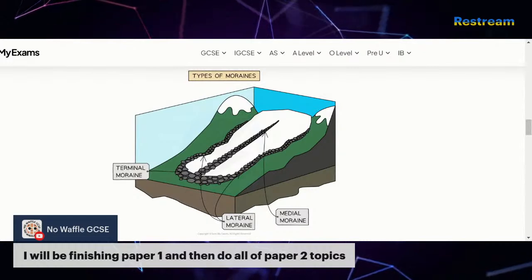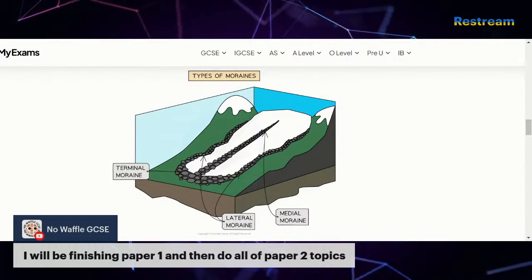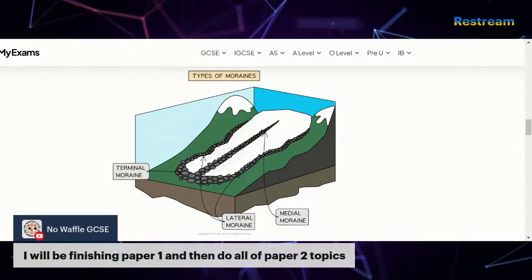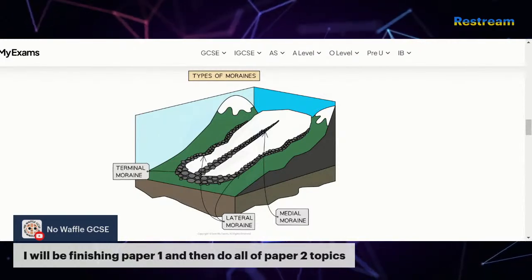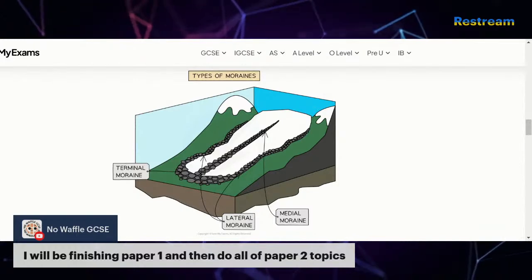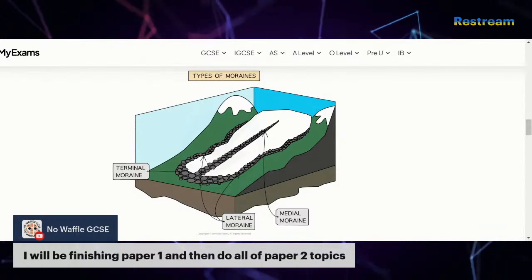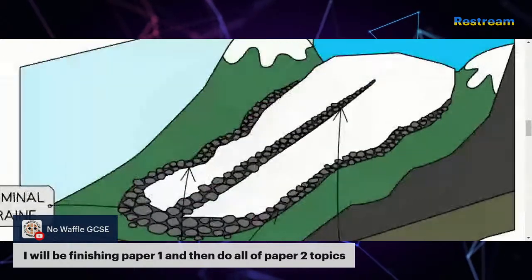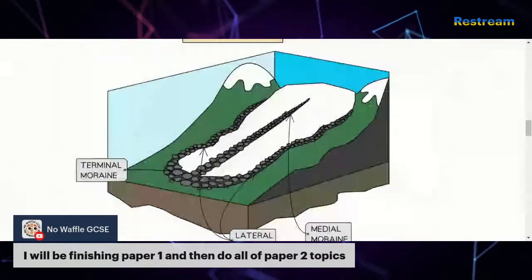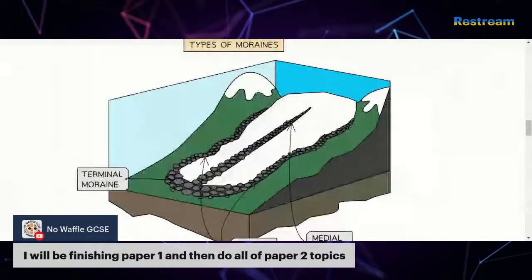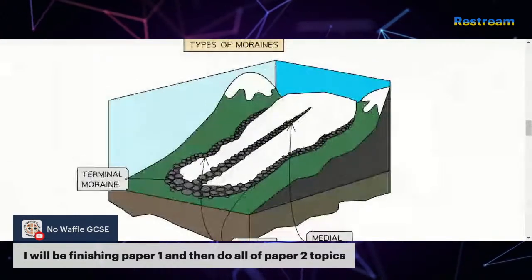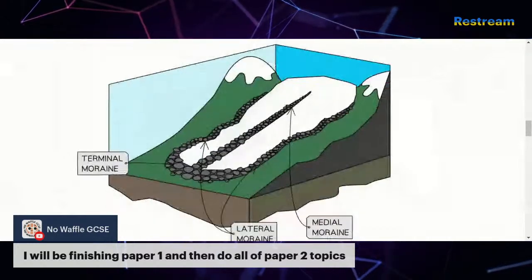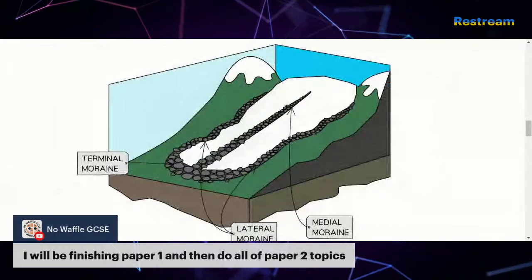Now, there are actually 4 different types of moraines, and they can be identified based on their position. So, firstly, we have the lateral moraines, which you can see here are at the edges of the entire landform. A lateral moraine is a long mound of material deposited where the side of a glacier was.